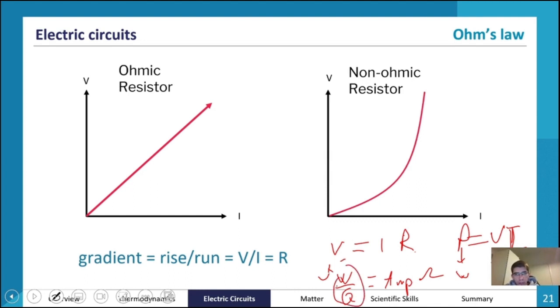Voltage again is the amount of energy per coulomb of charge, current is the flow of electrons through a certain point, and resistance is measured in ohms.